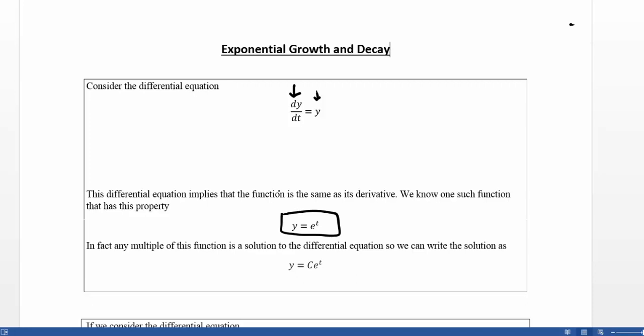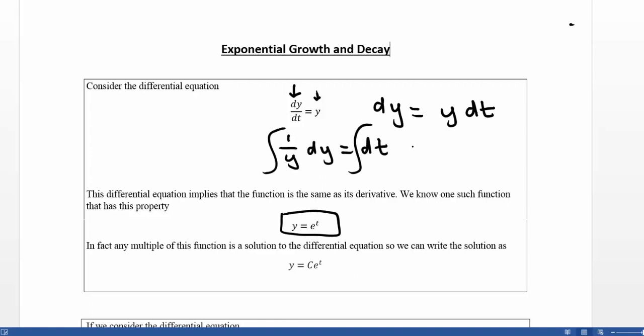We could also find the solution to this by doing some algebra. If we bring up the dt, we get dy equals y dt. If we want to bring the y over to be with the dy, we have 1 over y dy equals dt.